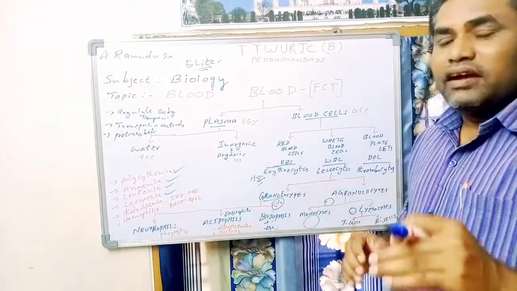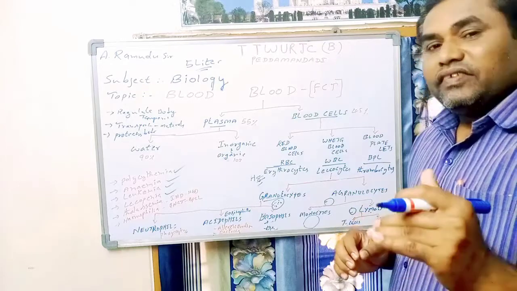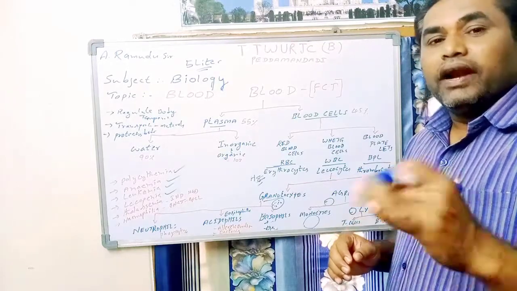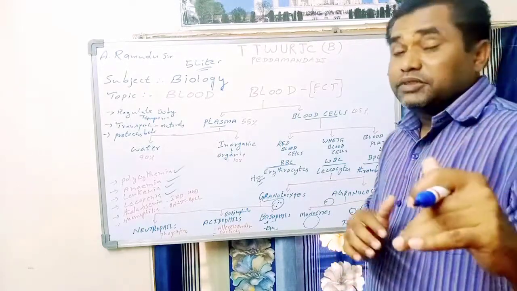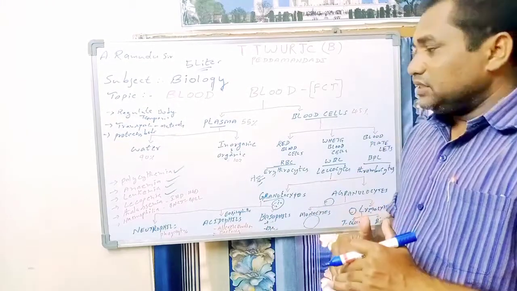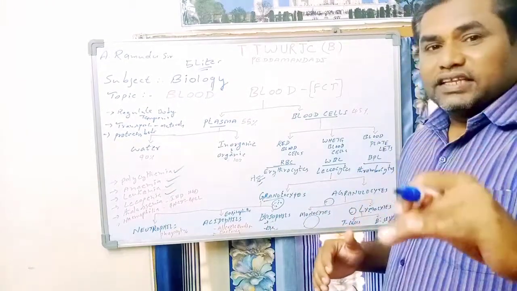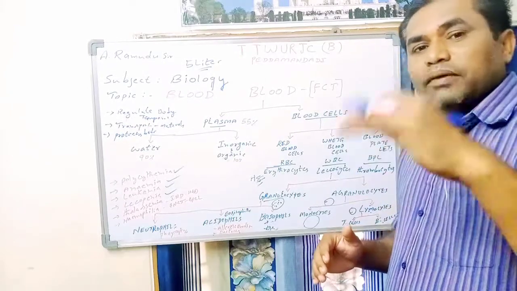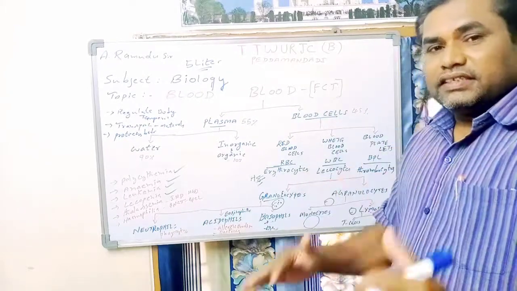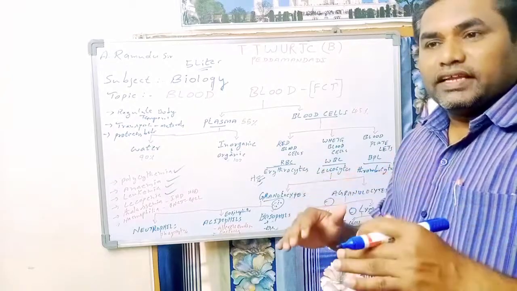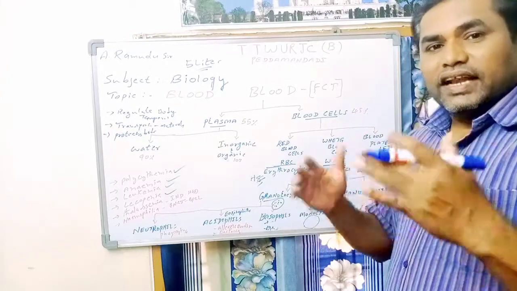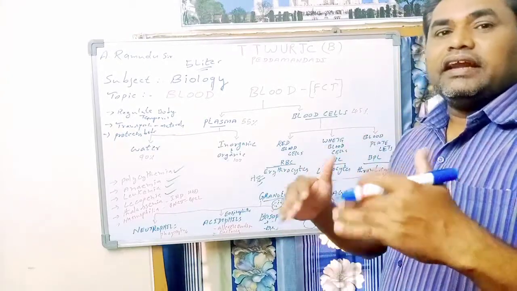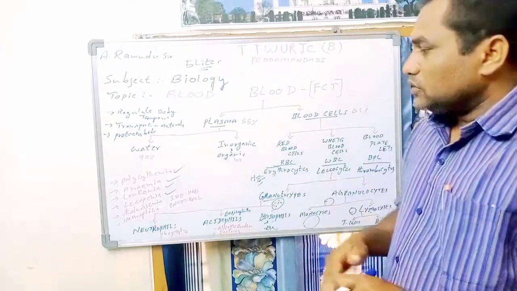Thalassemia is an inherited blood disorder, which comes from parents to children. In thalassemia, hemoglobin is present less than the required amount.